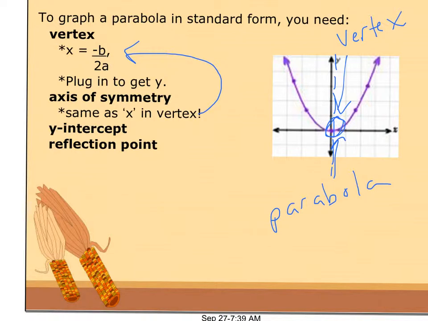The y-intercept, which is essentially 0 and whatever c is, is a point that you will want to know. And a reflection point, when we get to doing an example, I'll talk through what a reflection point is. We want to find out all these things, and then we can put these pieces on the graph individually, and we get a really good sense of what that particular quadratic graph looks like.